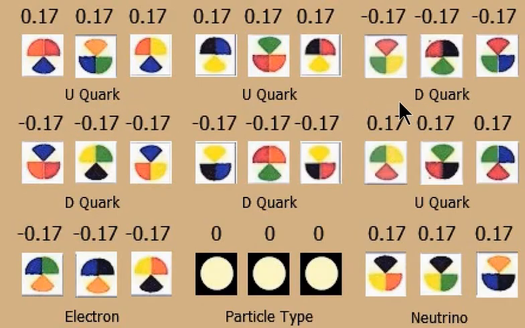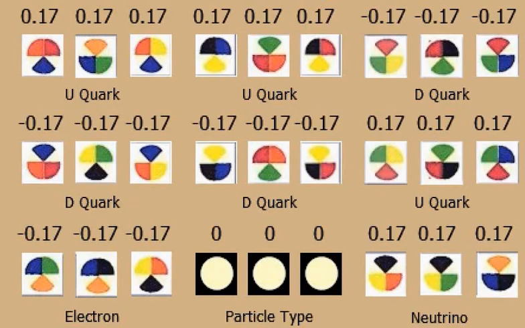And then if we look at the D quark, we have isotopic spins of minus 1/6, minus 1/6, and minus 1/6, which gives us a minus 1/2 for the isotopic spin for that doublet, the U and D doublet. Down here, the doublet for the leptons, the electron and the neutrino, we have a minus 1/2 on the generic electron, and on the generic neutrino, we have a plus 1/2.